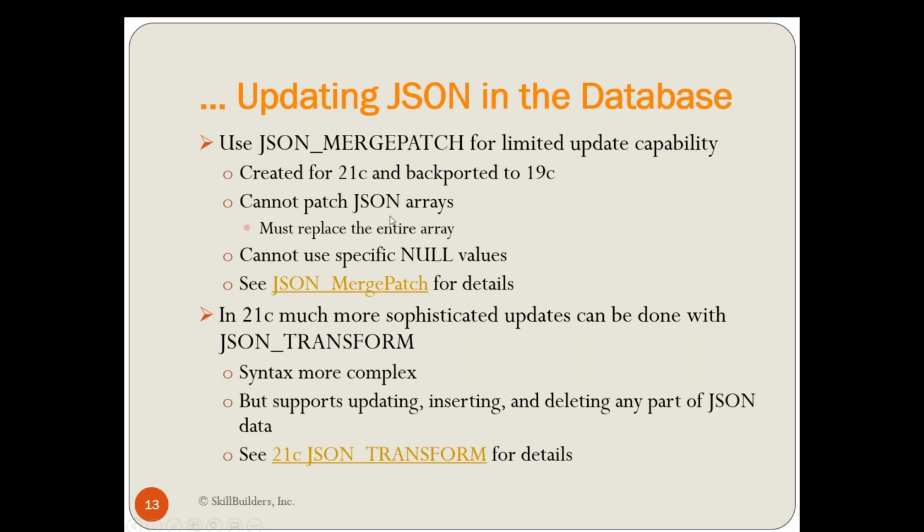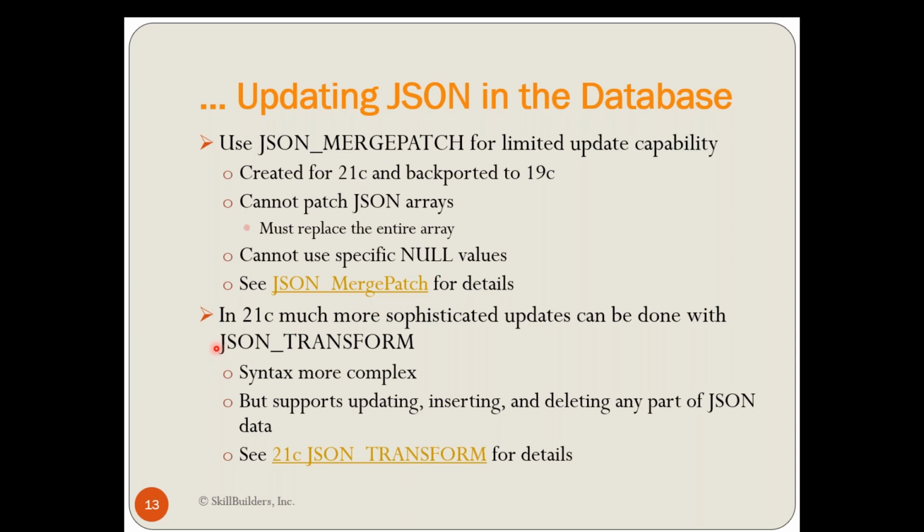What's the limitation? Basically, you cannot patch a JSON array. And most of your data is often in JSON arrays. Well, if I can't patch a JSON array, what's the point? So JSON merge patch has limited capability for us. And you cannot use specific null values if you have to put nulls into it. The syntax for that is beyond where we're going to go today, but you can look that up.